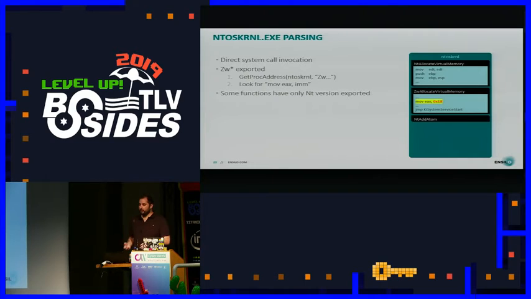Next, there is another case in which we don't have the ZW version exported, but we do have the NT version exported, like in the case of NtAddAtom. What we can do here is, first of all, find the address for it. And now we need to find the SSDT itself in the memory of the kernel image.